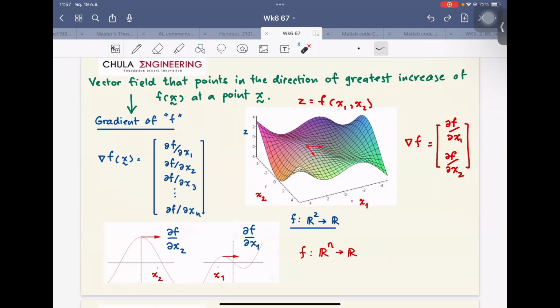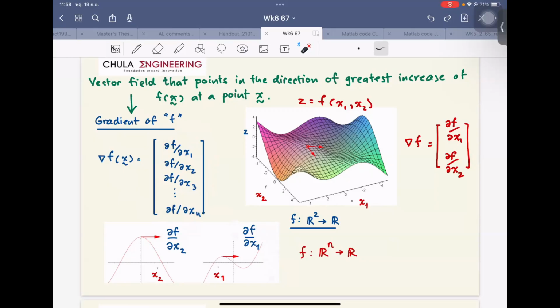The gradient operator here involves the partial derivatives: partial derivative of f with respect to x1, partial derivative of f with respect to x2, up to xn. In mathematics, since the gradient returns a vector, we call it a vector field, because at a particular point you have a vector. The vector has n components defined by partial derivatives.